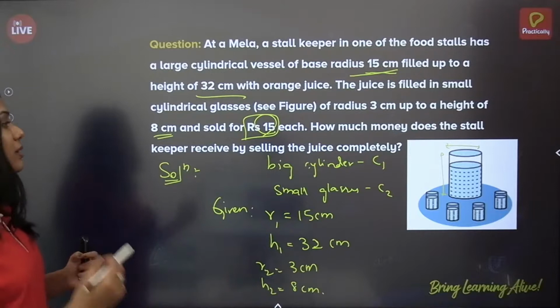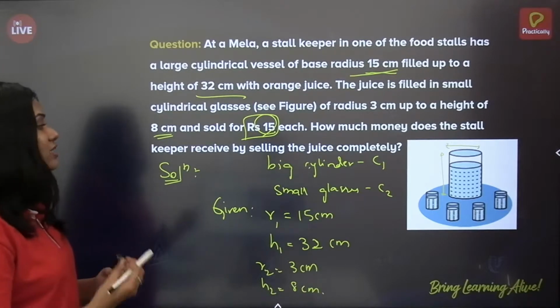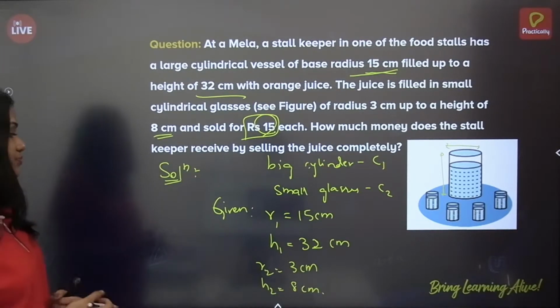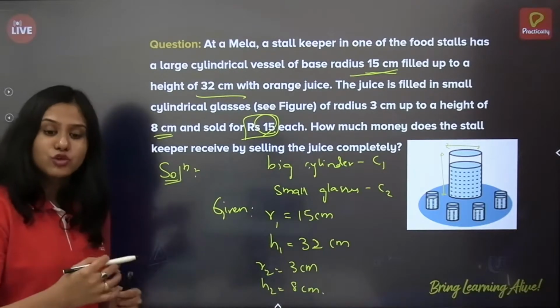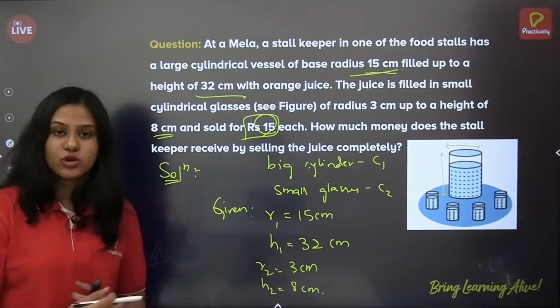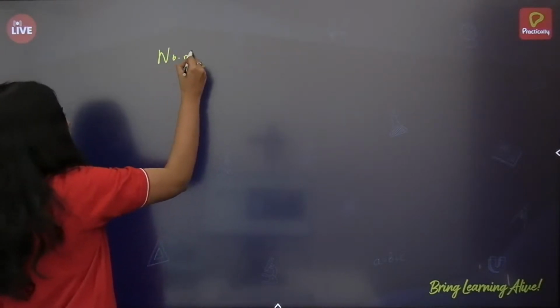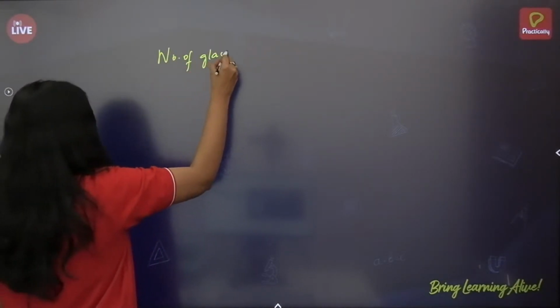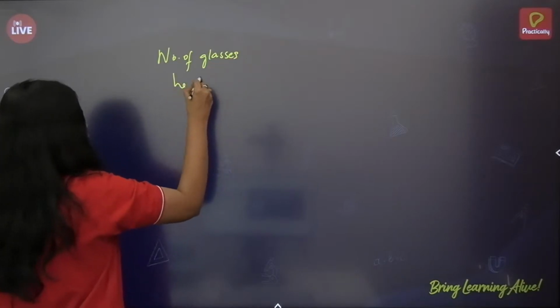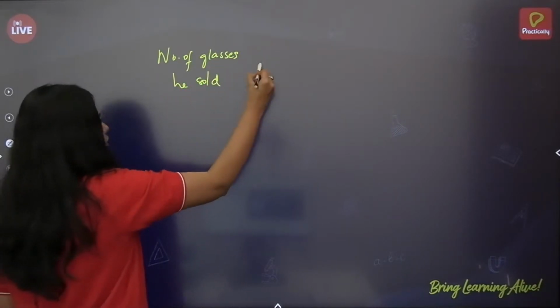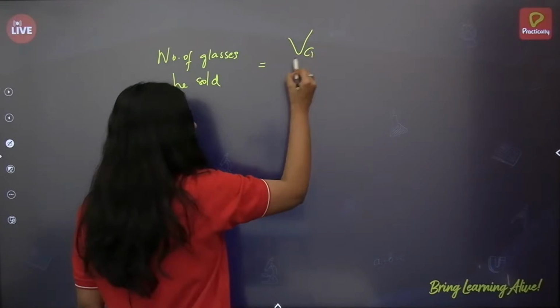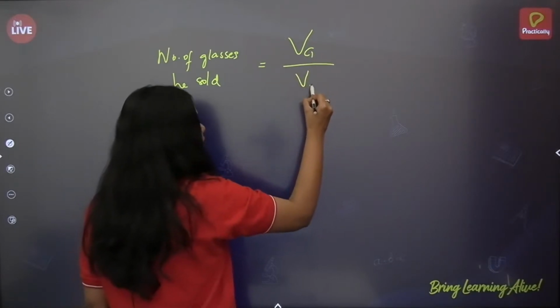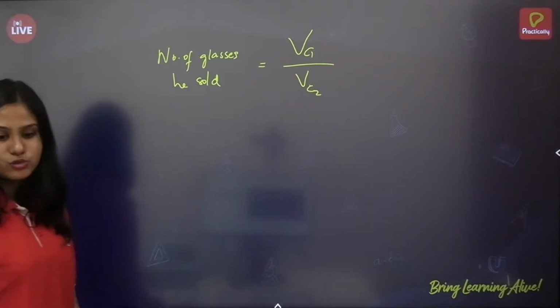Now, how much money does the stall keeper receive by selling the juice completely? So, we have to find how many glasses he sold, correct? So, the number of glasses he sells is equal to volume of cylinder 1 by volume of each glass, that is cylinder 2, correct?